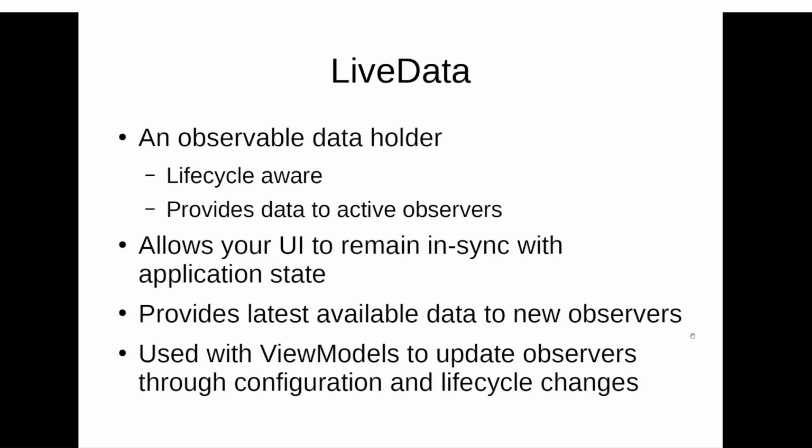And whenever a state change occurs in the LiveData, the observers can be notified and react to it. So a LiveData is a lifecycle aware observable data object, which essentially means, in the context of Android, a LiveData object knows when it should inform an observer and when it shouldn't.